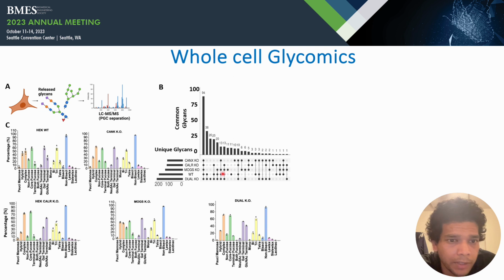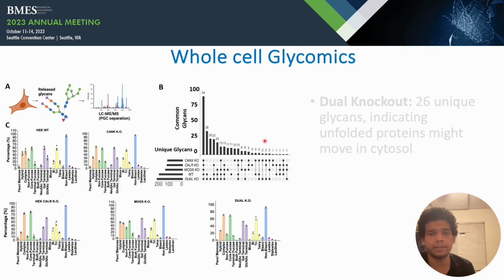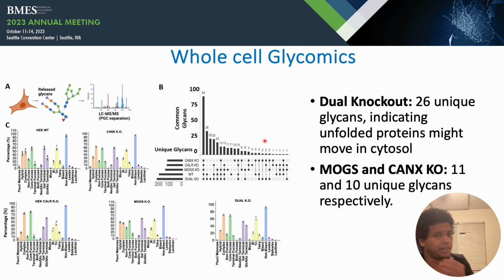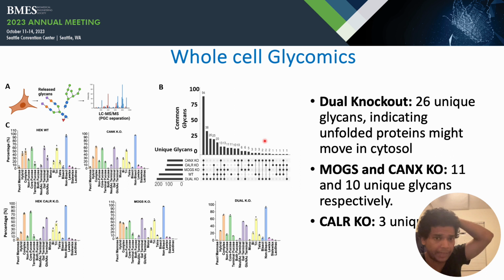And afterwards we can see that in the case of MOGS and Calnexin knockout, the number of unique glycans are almost similar, around 10 and 11. So this indicates that quality control in the case of MOGS and Calnexin knockout is almost comparable. Thereafter, the least number of unique glycans we have found for the Calreticulin knockout.